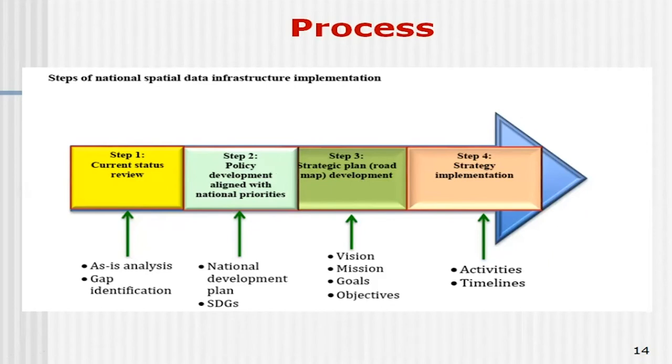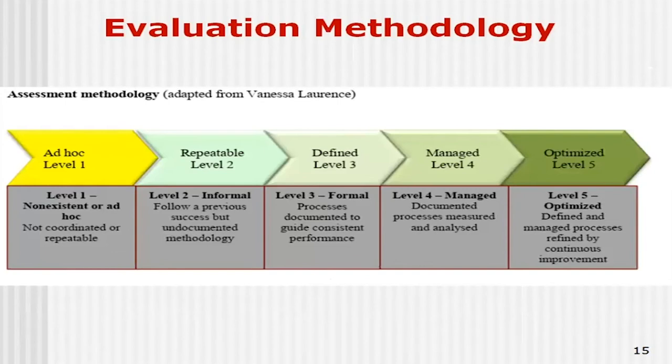The guide is available, and we will examine its contents. And for the evaluation methodology, the guide is referring to an assessment methodology, just to compare with the one presented on the country geospatial readiness index.